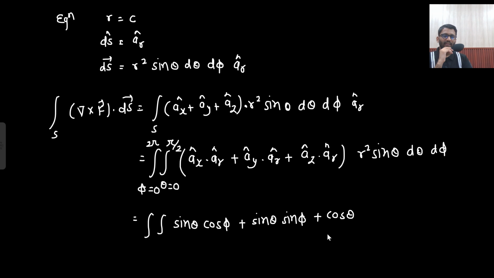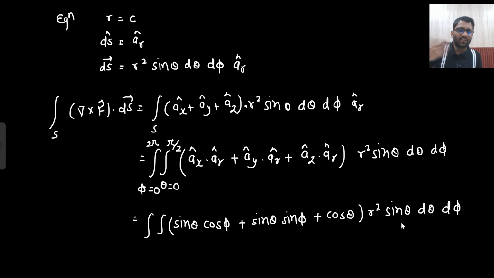What did I do here? I hope you are understanding, or you can make the table as well, right? Okay. R square sin theta d theta d phi. Anyway, we will have to solve it.